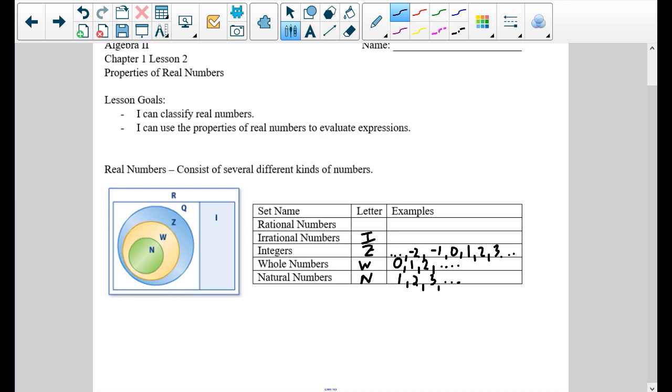Pi is an example of irrational numbers. Infinite numbers. Yeah, numbers that just keep on going. Another example would be like square root of 2. The decimal point just keeps on going. Doesn't stop.